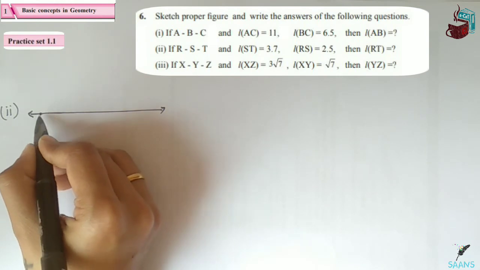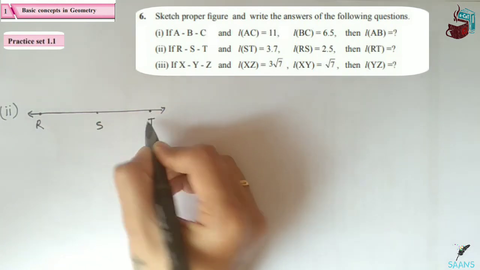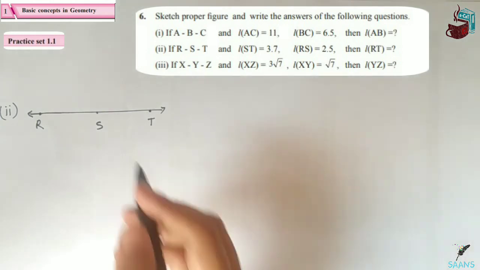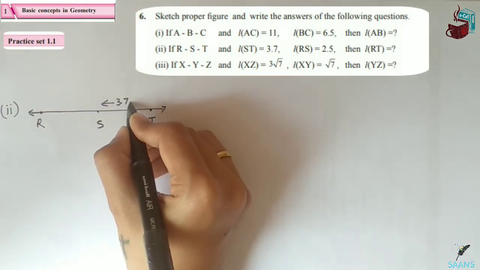R, S and T are in order, they are collinear. ST is equal to 3.7 units. Again they have decimal sums, and sums like this come in exams, and this particular question number 6 is very important.